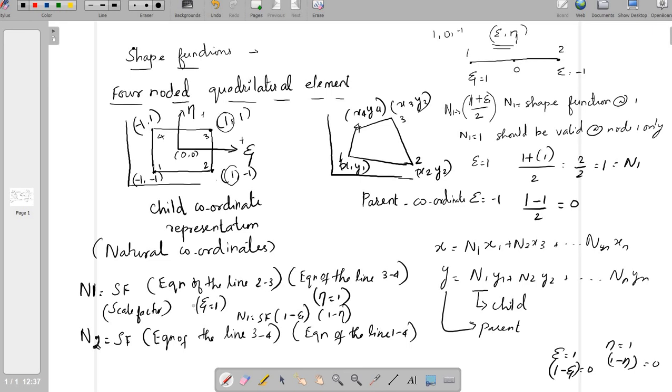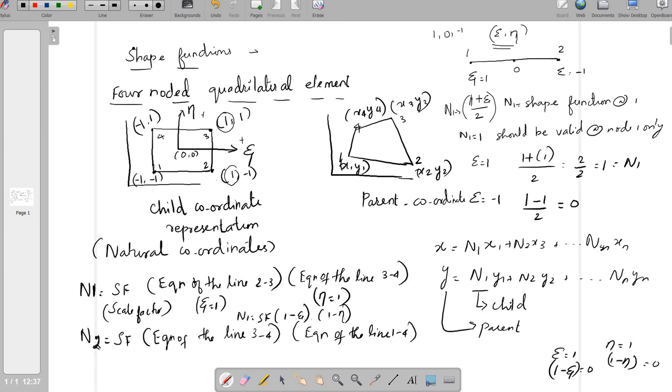Because if you substitute epsilon equal to 1 at this point, you make it 1 minus epsilon, which is 0. Here you are going to substitute the coordinates of node 1, that is epsilon equal to -1, in this equation. It should not be 0. If you substitute epsilon equal to -1, it is 1 minus of -1, which is equal to 2.